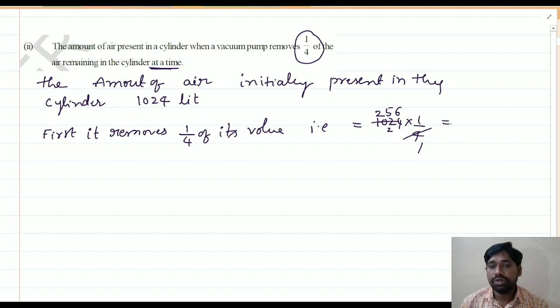So how much is removed? 256 liters are removed.